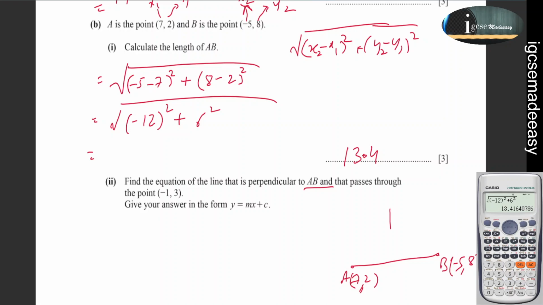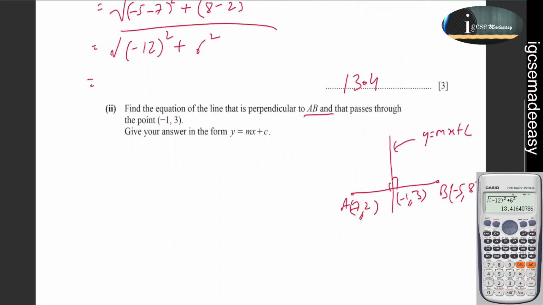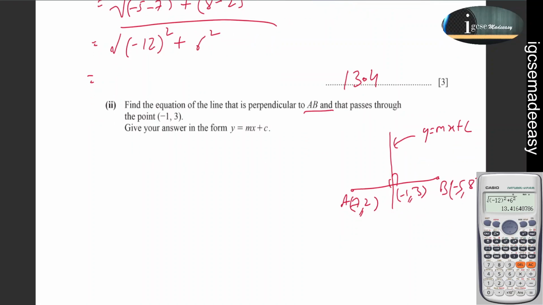There is one line perpendicular to this line that passes through the point minus 1 comma 3, right? So we have to find the equation of this line in the form y equals mx plus c. We know that if two lines are perpendicular, there is a relation between their gradients. We call it m1 into m2 equals minus 1.